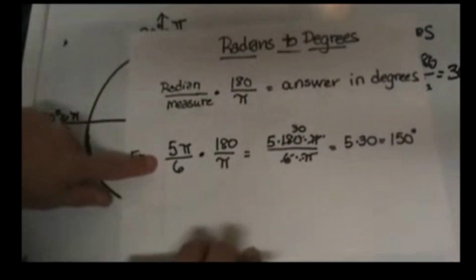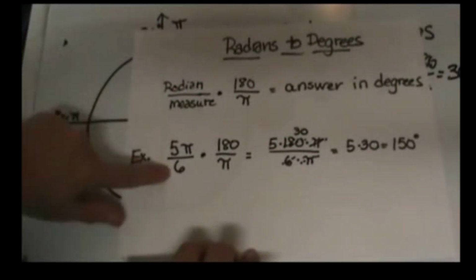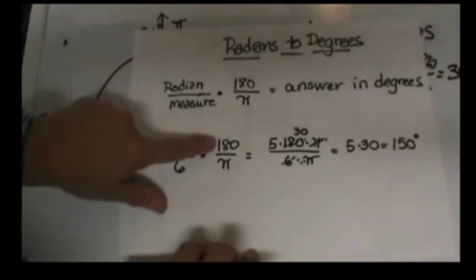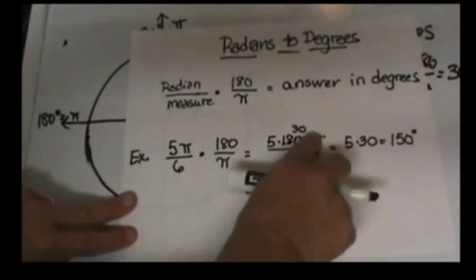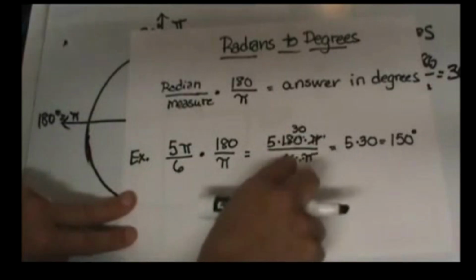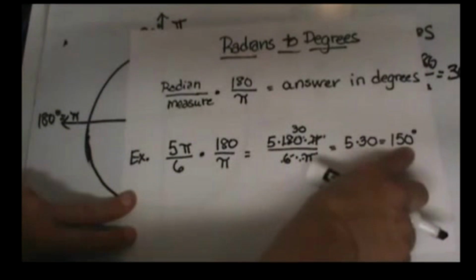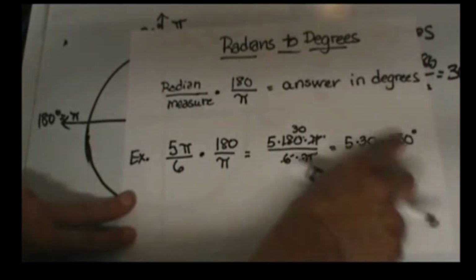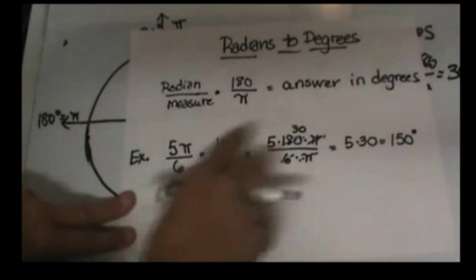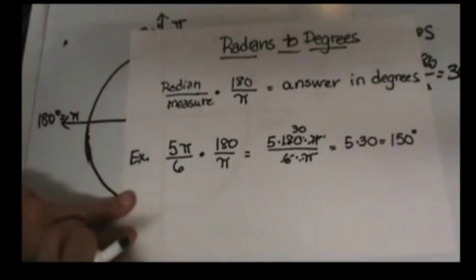And here's the second example, 5 pi over 6 times 180 over pi. Notice the pi's cancel. We reduce, and we end up with 5 times 30, which is equal to 150 degrees.